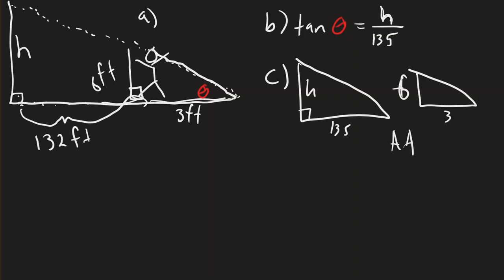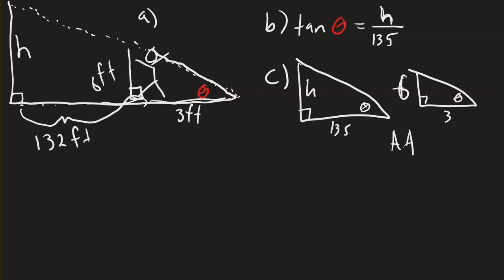This big triangle has an angle of 90 and an angle of theta, and the small triangle has an angle of 90 and an angle of theta. And angle is enough to prove that triangles are similar. So not congruent. Congruent means they'd be the same size and shape, but similar. So not necessarily the same size, but definitely the same shape.